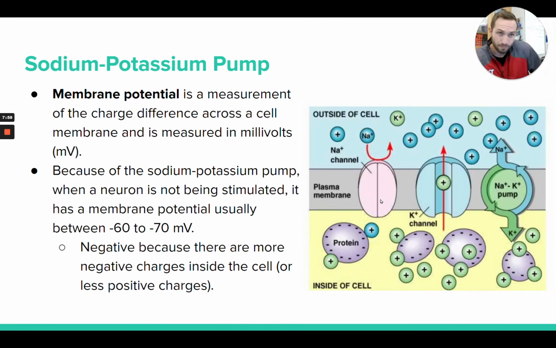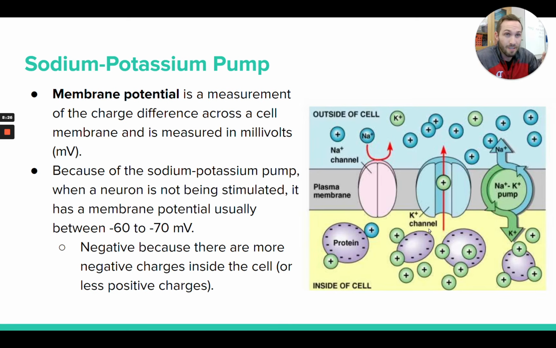And so that electrical gradient that I was just talking about, that difference in charge, can be measured in terms of something called a membrane potential. A membrane potential is a measurement of the charge difference across a cell membrane, and it's measured in millivolts. Whenever you have a separation of charge, when 2 sides of a membrane have a different charge, that creates a voltage.